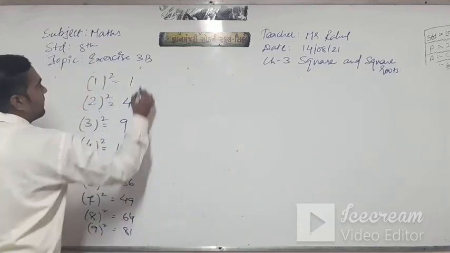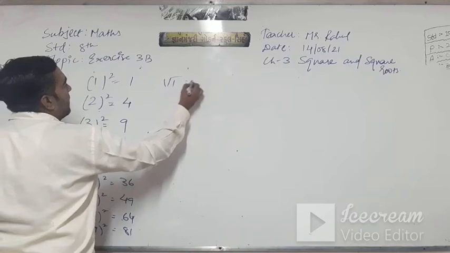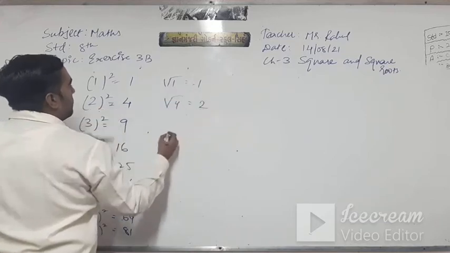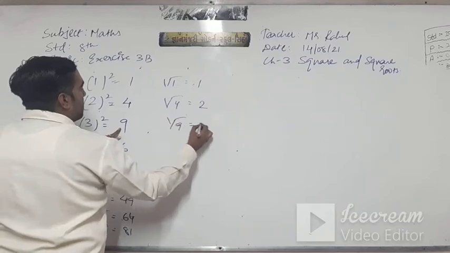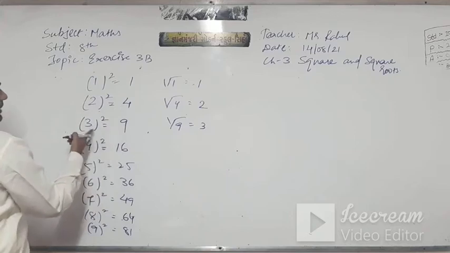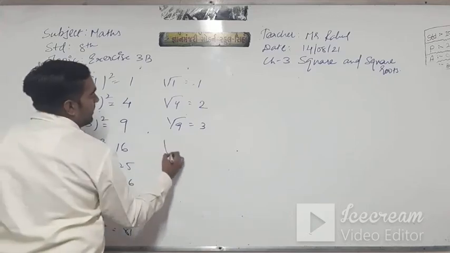So similarly, square root of 1 is 1, square root of 4 is 2, square root of 9 is 3. It will be the inverse: the root of 4 will be 2, of 9 will be 3, of 16 will be 4.